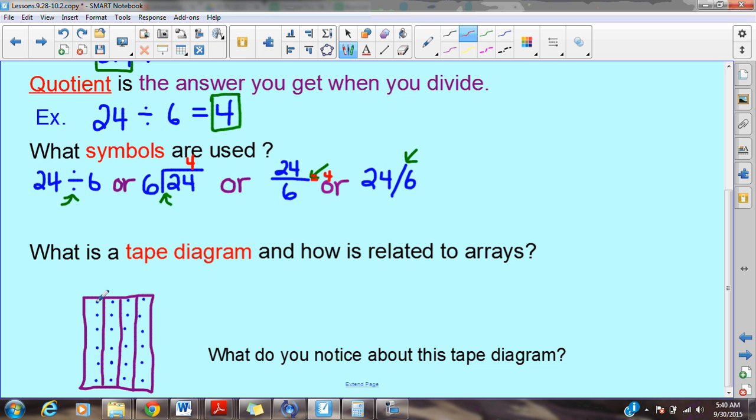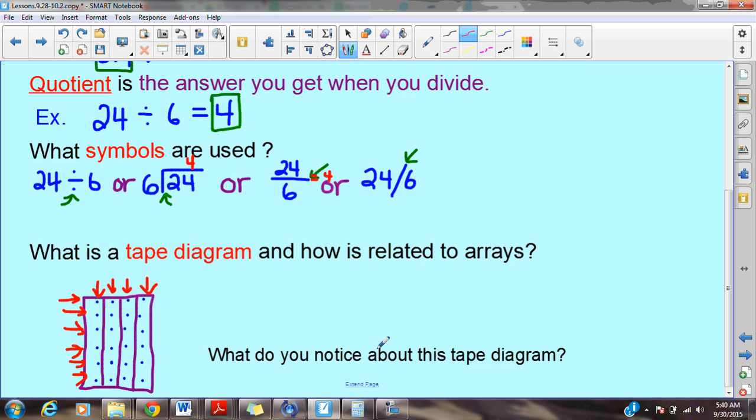And so when you look at the array here, you will see that I still have 6 rows. If you count them, there are still 6 going across. And I still have 4 columns. It's just that now my columns are drawn neatly inside of rectangles or inside a tape diagram.